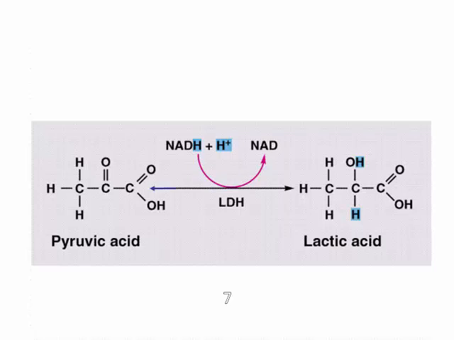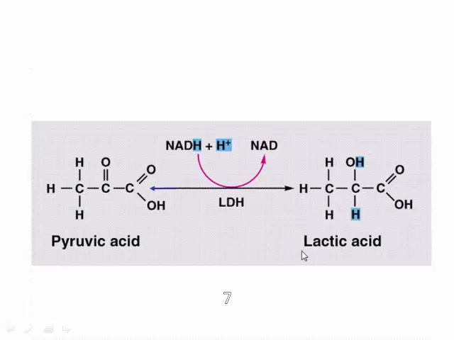This is a little reminder of how we're going to do this redox reaction, right? This reaction, I should have a little double arrow on the pink one here. This reaction is, if there is no oxygen, say in muscles or tissue, then the pyruvic acid, which normally goes to the electron transport system, has to be converted into lactic acid. So you know this, right?